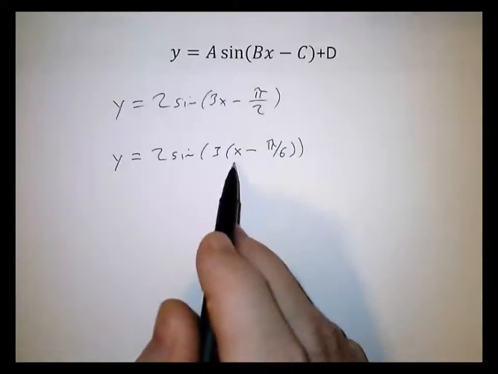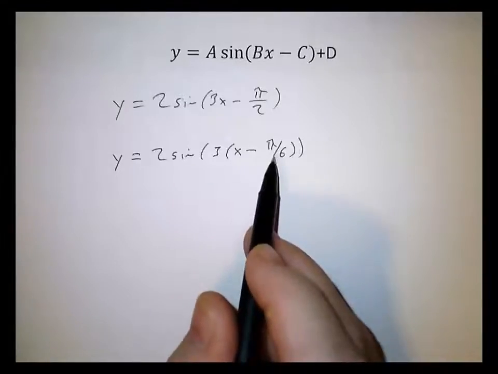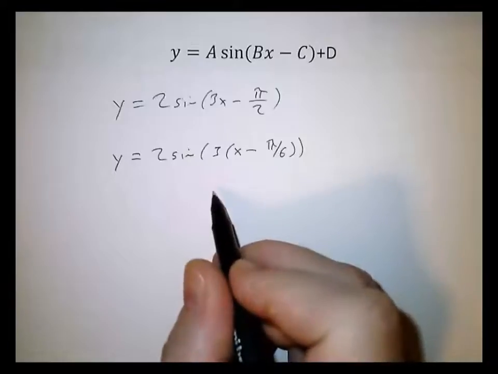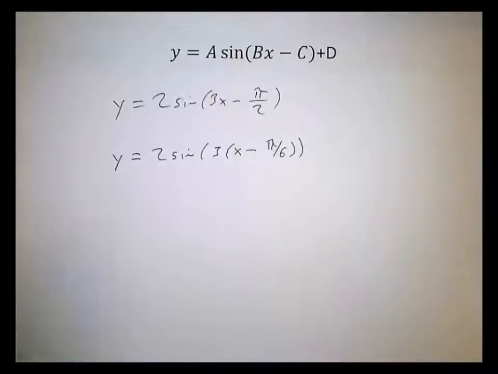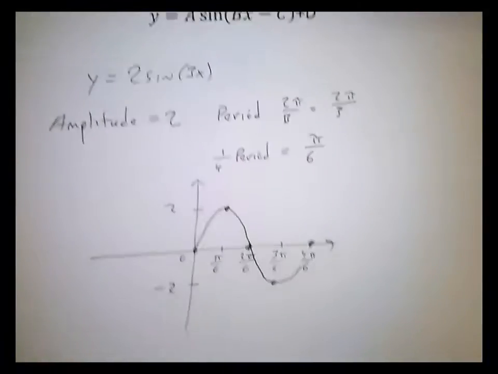Now what's this do to our graph? What it's going to do, it's going to shift it over to the right, pi over 6. So if I come back to the graph I had before, I can see how that works. Basically, before we had this, right?